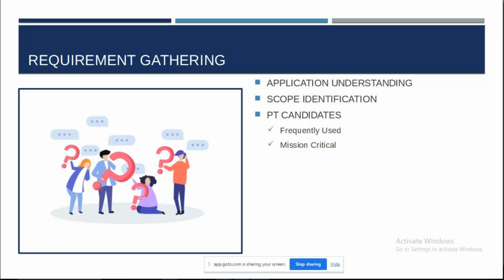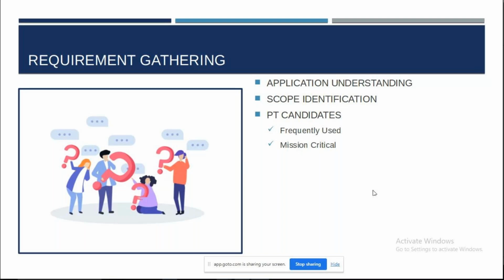Login, logout, you log in once only, and most probably if you are using any mobile application, you log in once, then you do not log in again, right? You simply are able to access the application. Browsing the products is the correct answer. Most of the time people will use the application and search for products only, right? So that is a major functionality which is used by the most number of users.